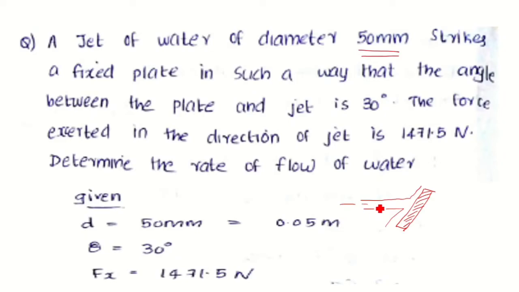So this will be the axis. So this angle is theta. So the value of theta is 30 degree. So the force exerted Fx is given in the direction of the jet, meaning the direction of the jet is the x direction.